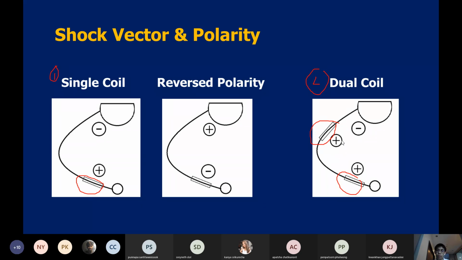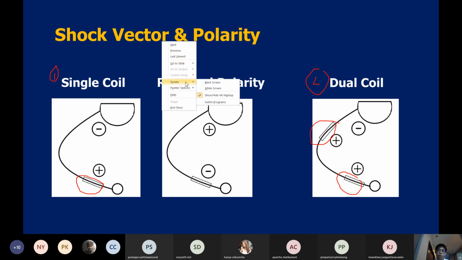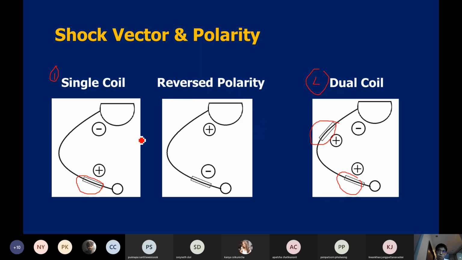The dual coil has the positive charge on both coils and the negative charge on the pulse generator. So the difference is that single coil can only shock in one vector, here. But dual coil can use two vectors, one here and one here.